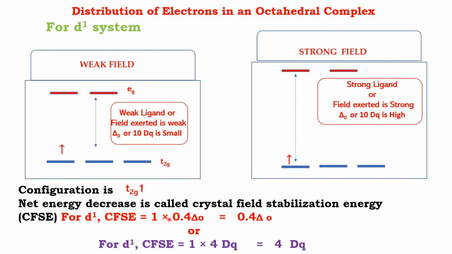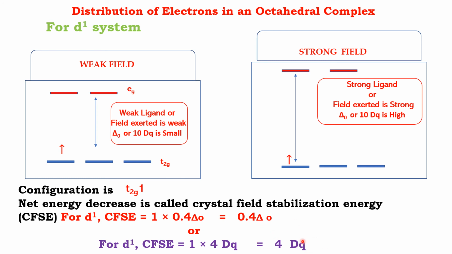So 1 into 0.4 delta O, or better we could say 1 into 4 Dq, that is 4 Dq. That is, a d1 system is stabilized by an energy of 4 Dq.